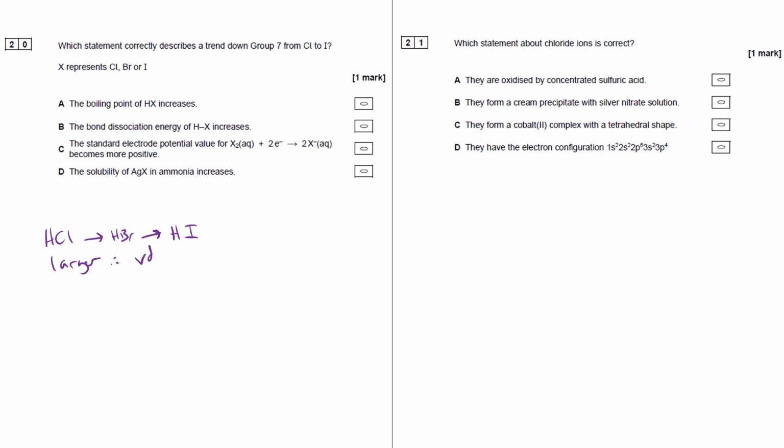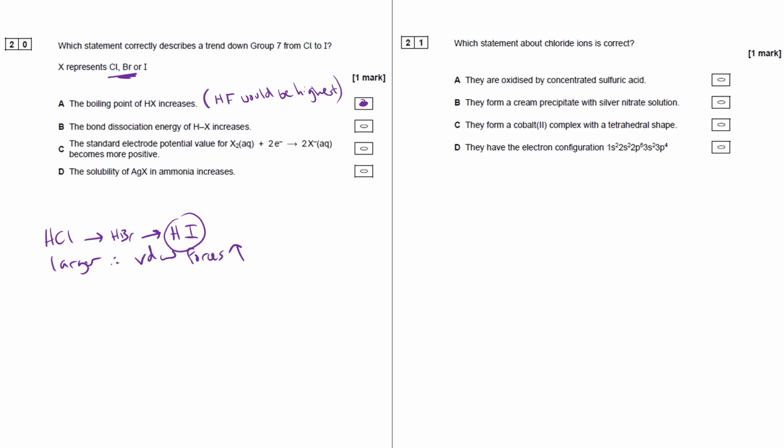So therefore you're getting stronger van der Waals forces between molecules. So HI would have the highest melting point out of those three. Notice we're not talking about hydrogen fluoride, which would have hydrogen bonding, but that would be highest. That's not part of the question. So A is the correct answer, because the van der Waals force strength between molecules increases.